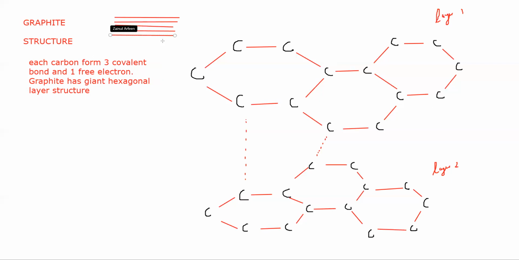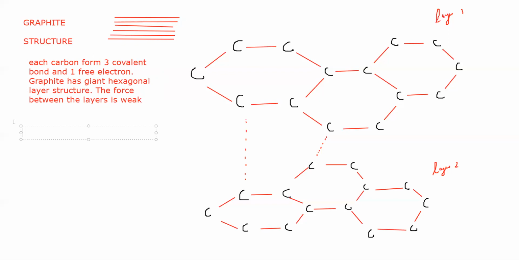Whenever you have graphite, they're always in layers, and there's a weak force between the layers. Because there are no bonds between the layers, only weak attraction. So the force between the layers is weak.